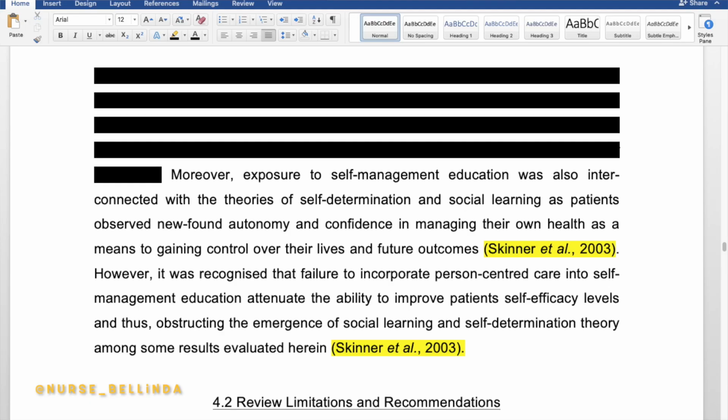So in the next part, I say, however, it was recognized that failure to incorporate person-centered care into self-management education attenuates the ability to improve patient self-efficacy levels and thus obstructs the emergence of social learning and self-determination theory among some results evaluated herein. That once again is from Skinner, the same source.